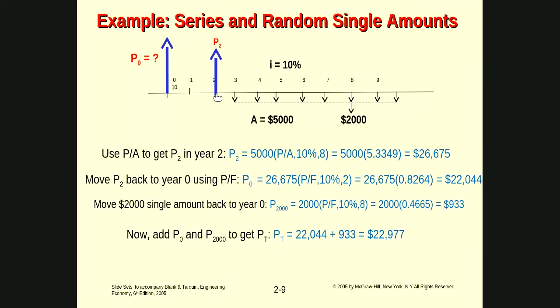When you find it at year 2, then you do P given F for 2 years. Why is it 2? Because now it is placed at year 2 and you want to find it at year 0. So 1 and 2 to find it at year 0. Okay? This is converting from annual to present.